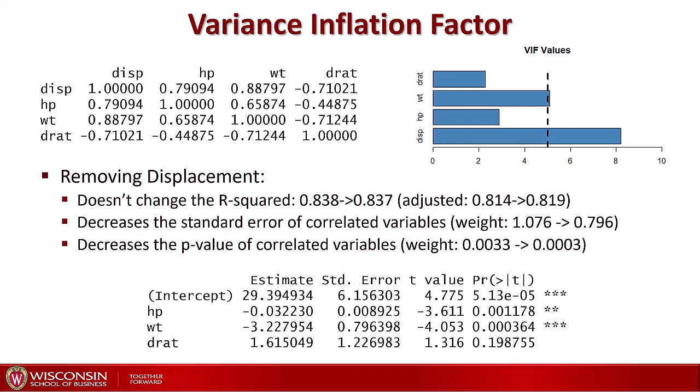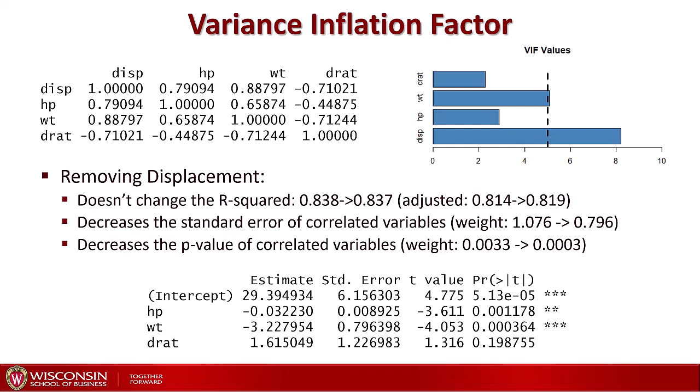And when I rerun the regression, I find that it doesn't change the R-squared at all. It goes from 0.838 to 0.837, so we can't even notice a change. And the adjusted R-square actually increases from 0.814 to 0.819. Then we find that it decreases the standard error of correlated variables.